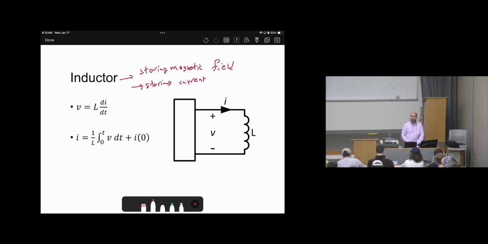Keep in mind, it's not a battery that's storing current. It just stores small amounts, and stores and releases. So it's not like we can say I can store my energy inside inductors. Okay?